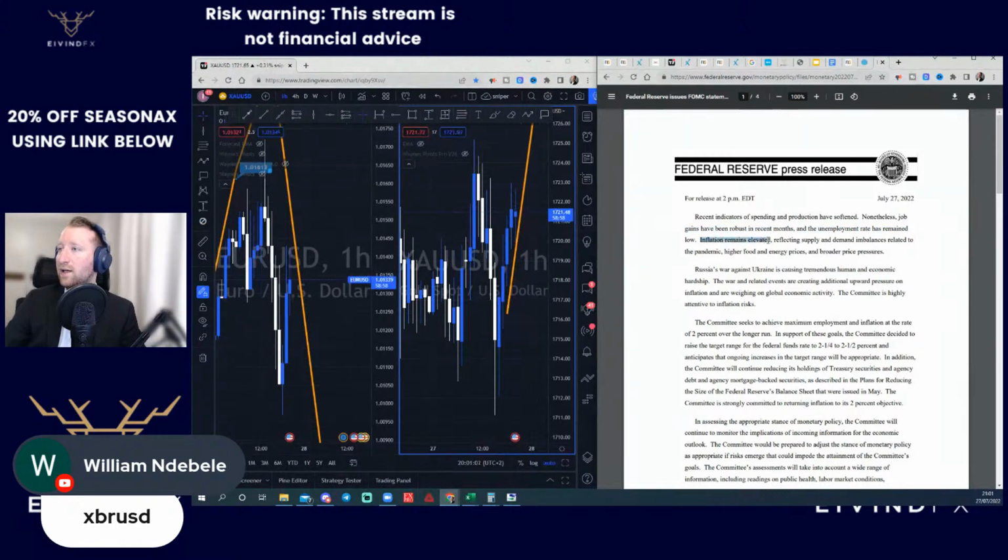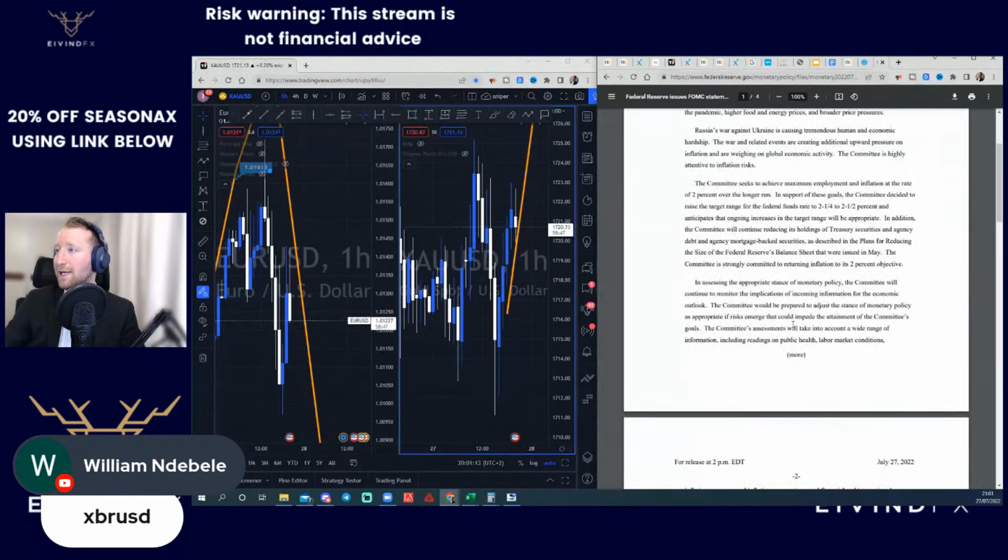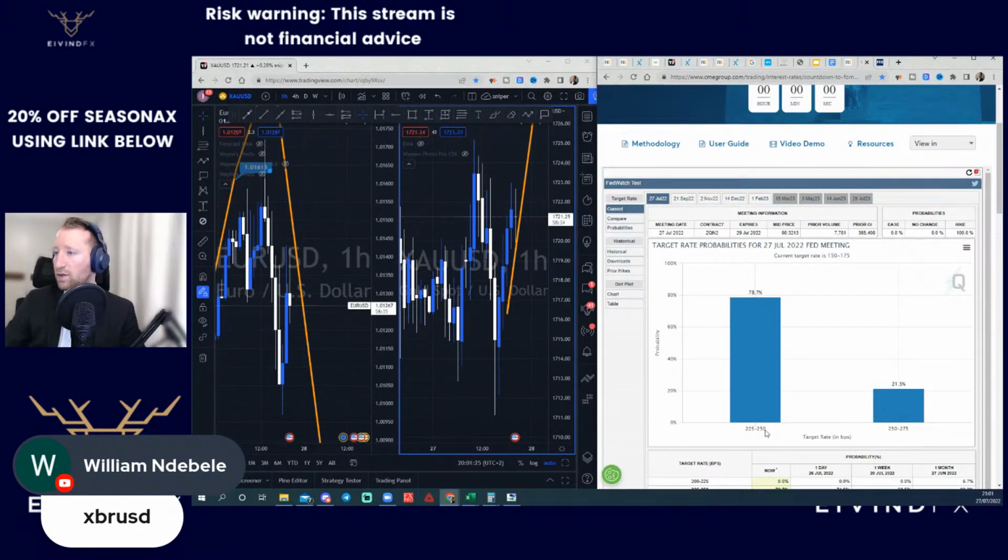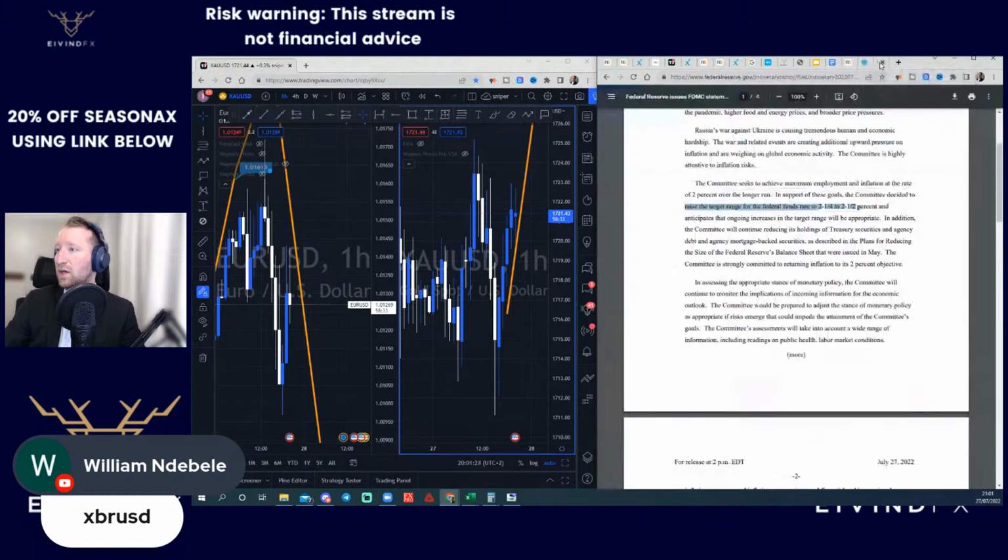Inflation remains elevated, reflecting supply and demand imbalances related to the pandemic, higher food and energy prices, and broader price pressures. Nothing particularly interesting, but they are raising the target range from 2.25 to 2.5. As far as I know, that was expected. Nothing new there.